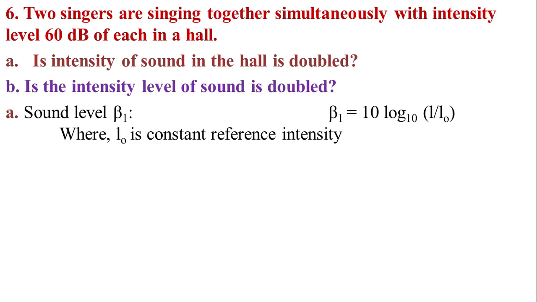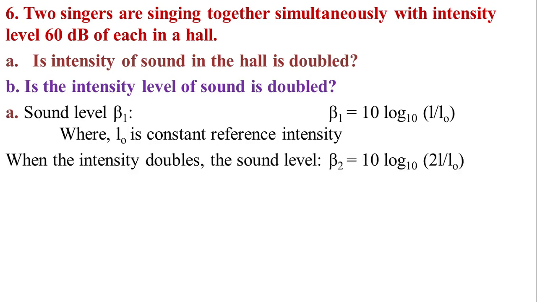Sound level beta 1 is equal to 10 log of I over I naught. Here I naught is a constant reference intensity, and when the intensity is doubled, beta 2 is equal to 10 log of 2I over I naught.